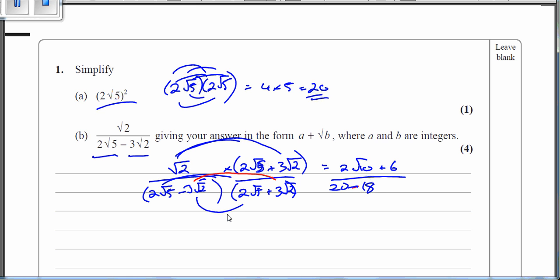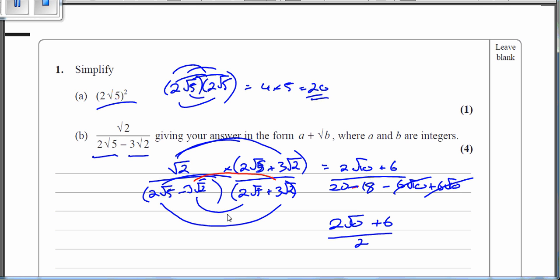Then you've got minus 6 root 10 and plus 6 root 10, and in all these cases, these bits are going to cancel out. So we've got 2 root 10 plus 6 over 2. So 2 over 2 means that you're going to be left with 1 root 10 plus 3. And if you write it as 3 plus root 10, then it's in this format here.